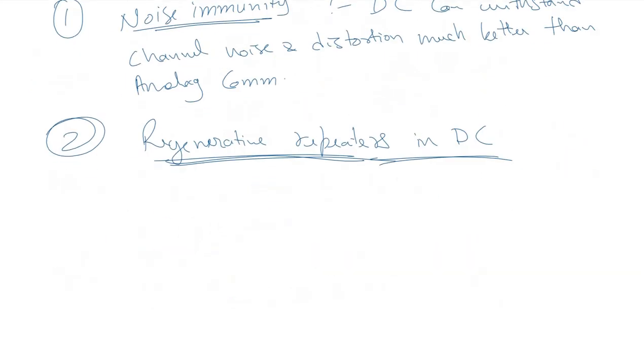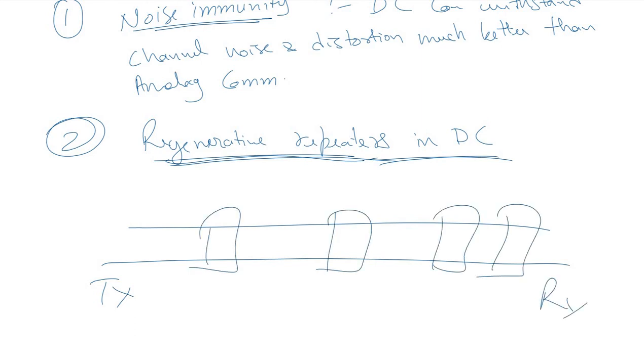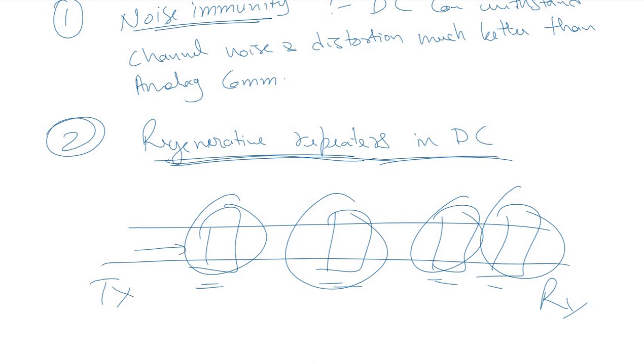Suppose we have a long communication path between the transmitter and the receiver. In between we will have multiple regenerative stations. These regenerative stations will receive the incoming signal, regenerate it digitally, and again retransmit the digital signal.